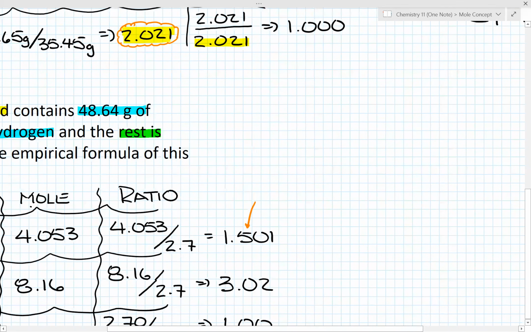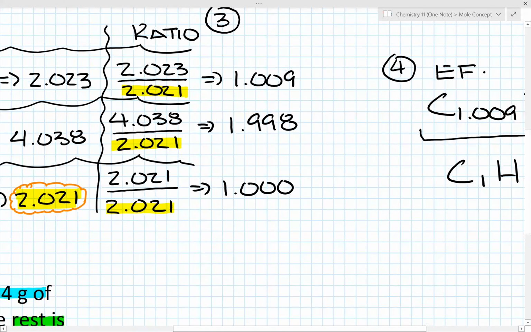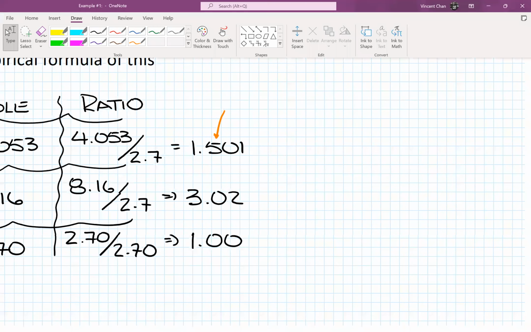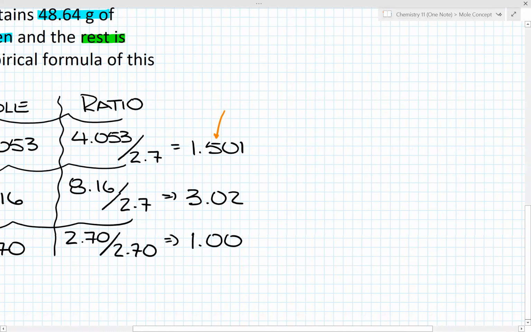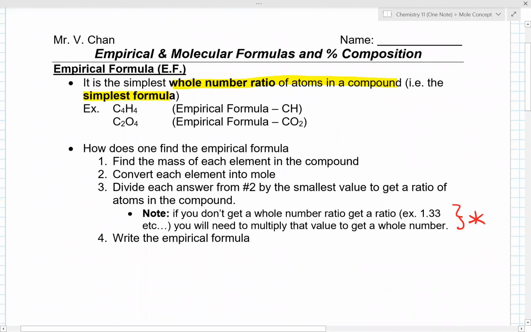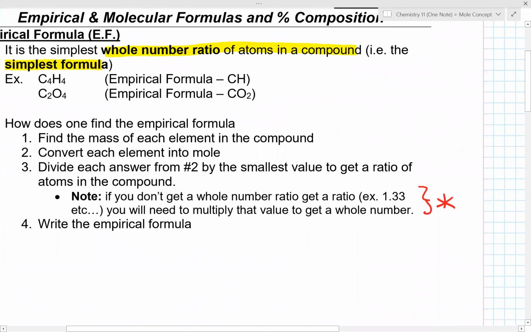It's not as clean as the numbers up here. So when you have a number that's not very clean, like a 1.5, what I put here in a little dot says: if you don't get a whole number ratio, you will need to multiply that value to get a whole number.